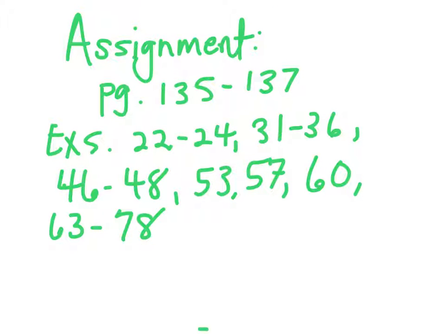Okay, so your assignment is on pages 135 to 137 in your book. Exercises 22 through 24, 31 through 36, 46 through 48, 53, 57, 60, 63 through 78. And on your assignment sheet, you need to write down on the top line what the assignment is. This is a new rule.